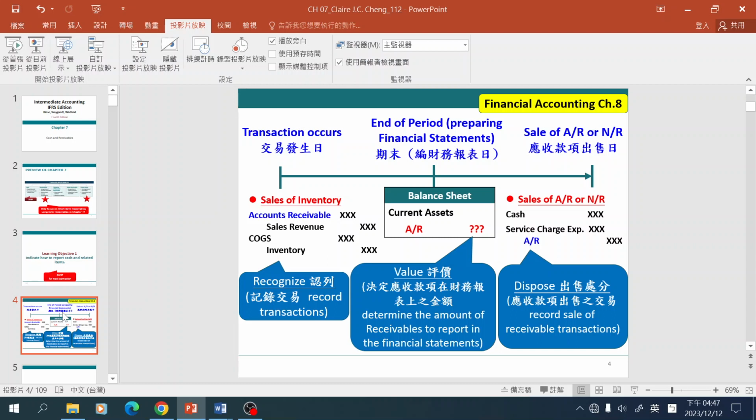Yes, of course. Any kind of assets, you could sell. So when we talk about sales of assets, what's the key issue we want to know? Remember, we have two major issues for assets. What's that? It was 20 minutes ago. Two major issues. What's that?